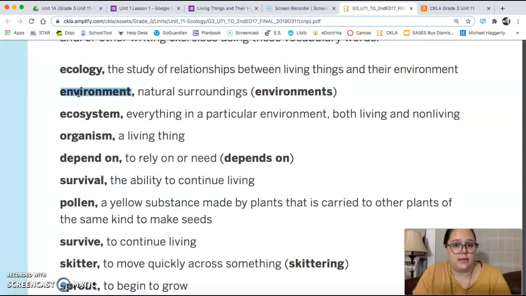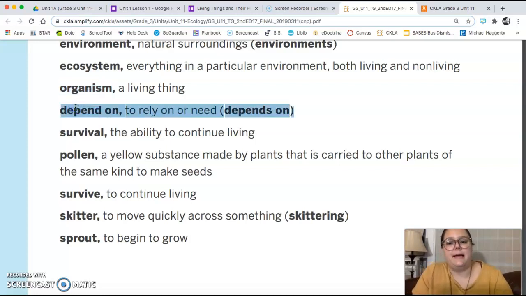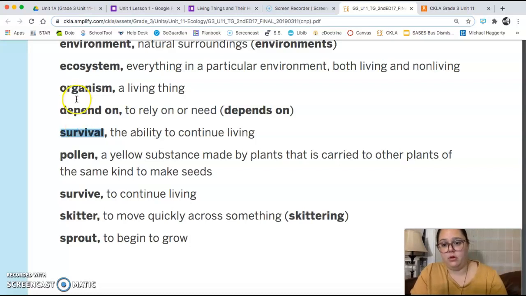Environment is just the natural surroundings. An ecosystem is everything in a particular environment, both living and non-living. An organism is a living thing. To depend on means to need or to rely on. Survival is the ability to continue living, to stay alive.